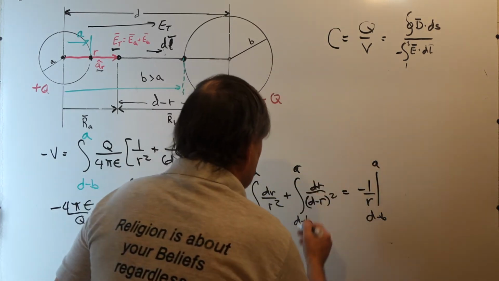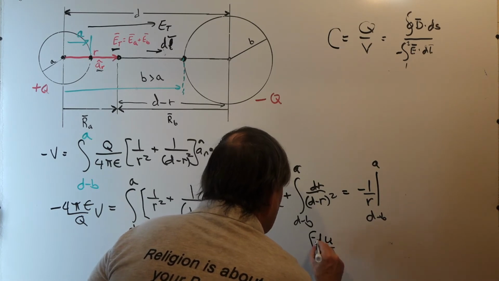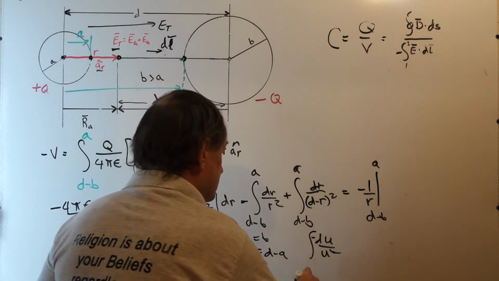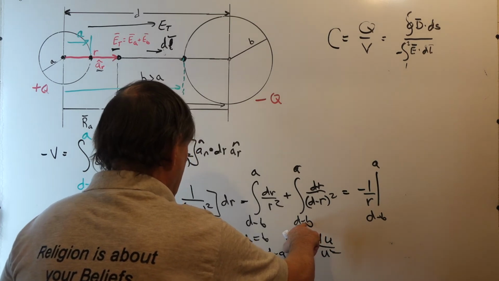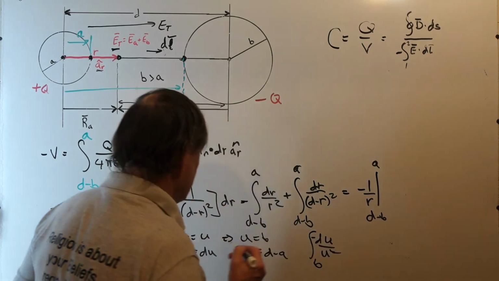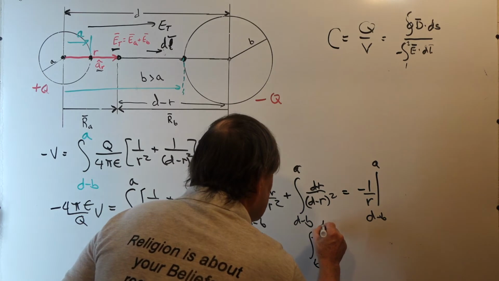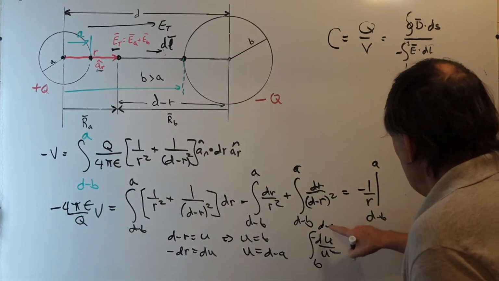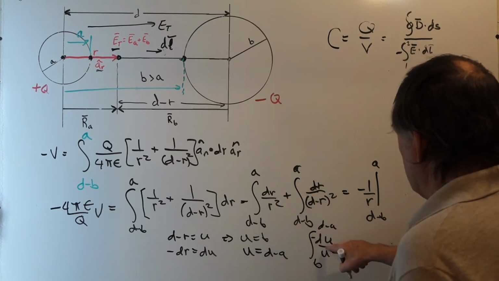And then this integral becomes minus du over u squared with the new limits, which is when r is d minus b, our lower limit is b, and when r is equal to a, we have d minus a. So we again recognize this as being the same integral as what we just got through evaluating.